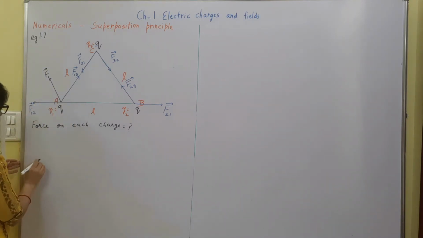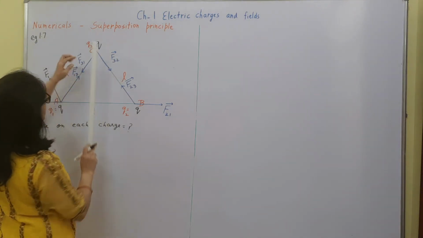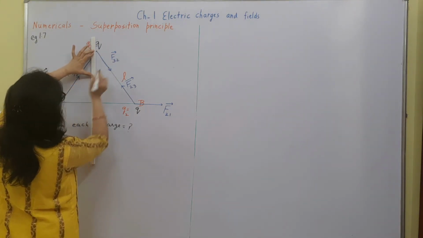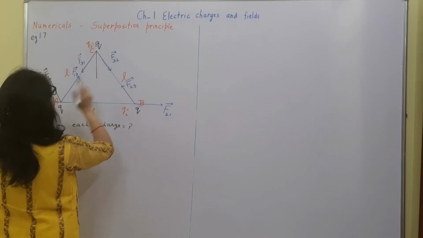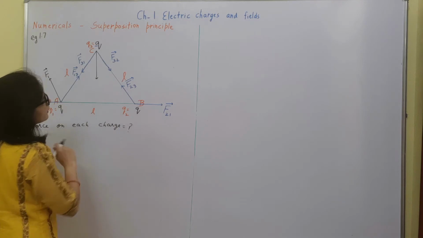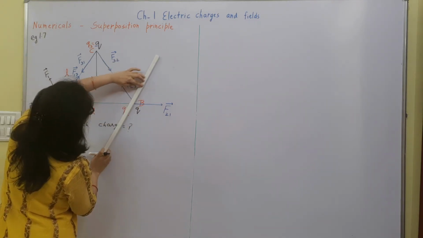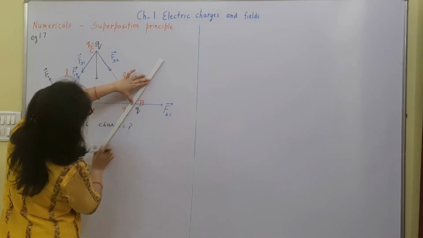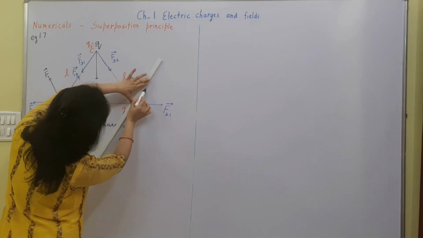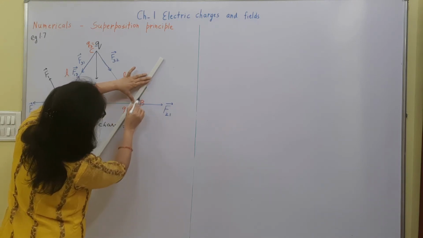So I can draw a diagram here also. And for this and this, what will be the resultant? Again, the diagonal of these two, which will be here. The resultant of these two forces will be along the diagonal of these two vectors.